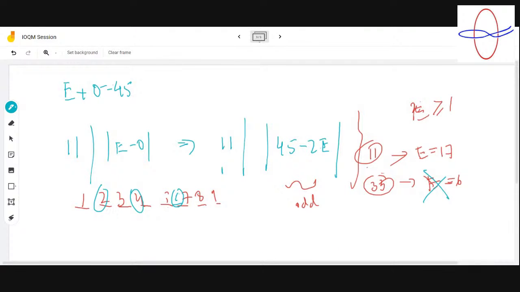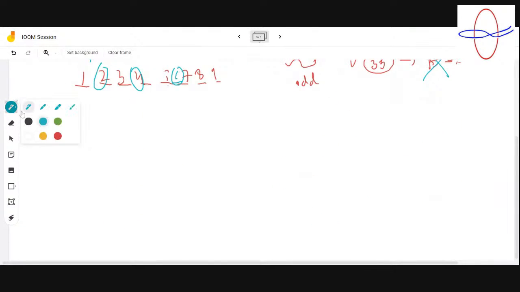If E is equal to 17, then x plus y plus z plus z dash is equal to 17.